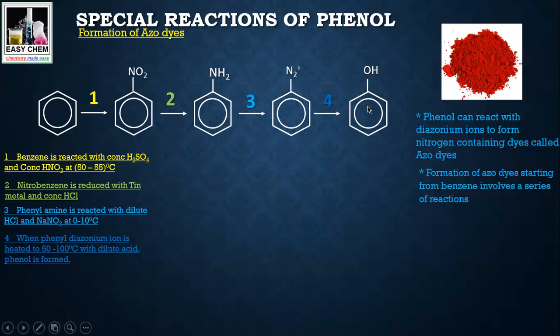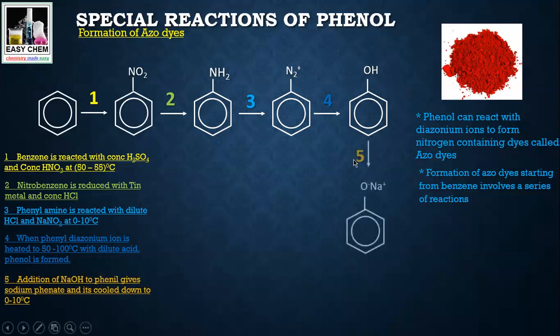Now, how are we going to allow this phenol to make this azo dye? First, you can make this phenol molecule more reactive by adding sodium hydroxide. If you add sodium hydroxide, this phenol goes to sodium phenate ion.